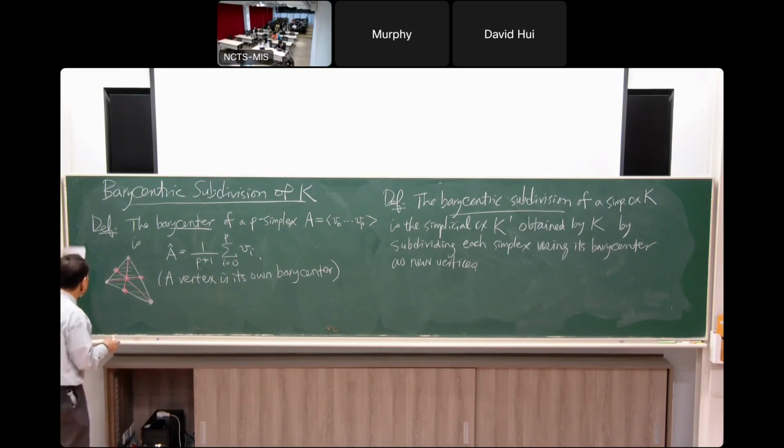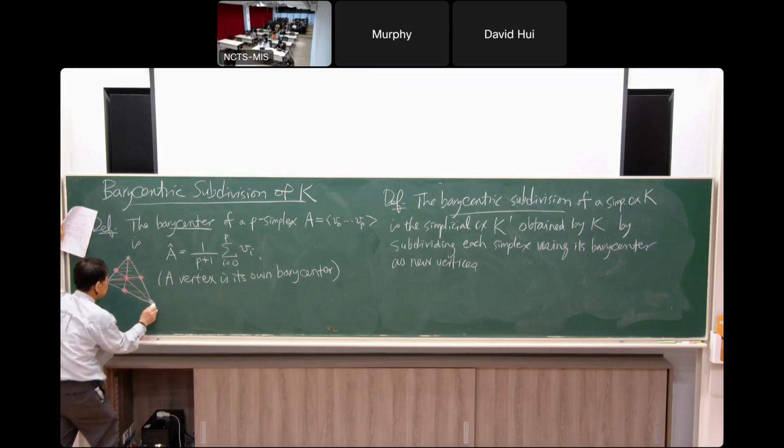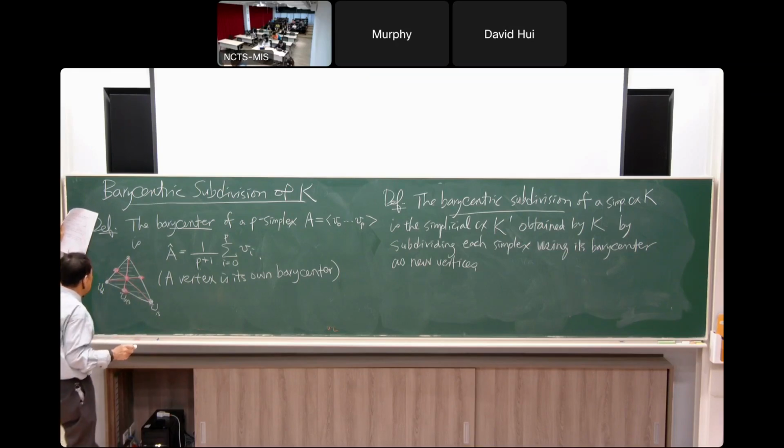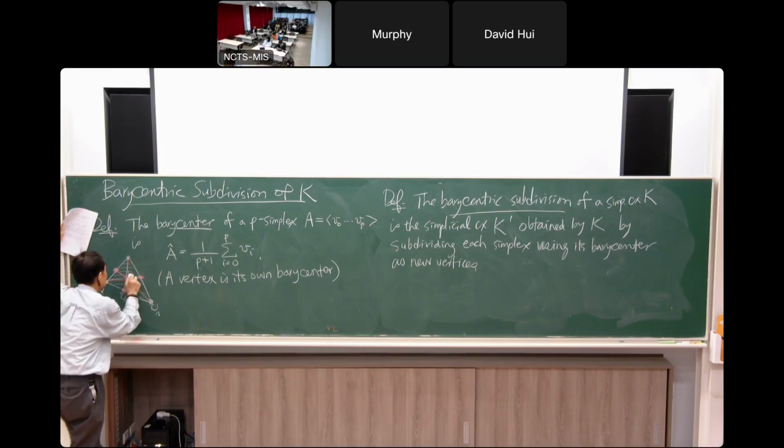Okay, so like here, if this is U alpha, this is U beta, this is U alpha beta, and this would be U alpha beta gamma.